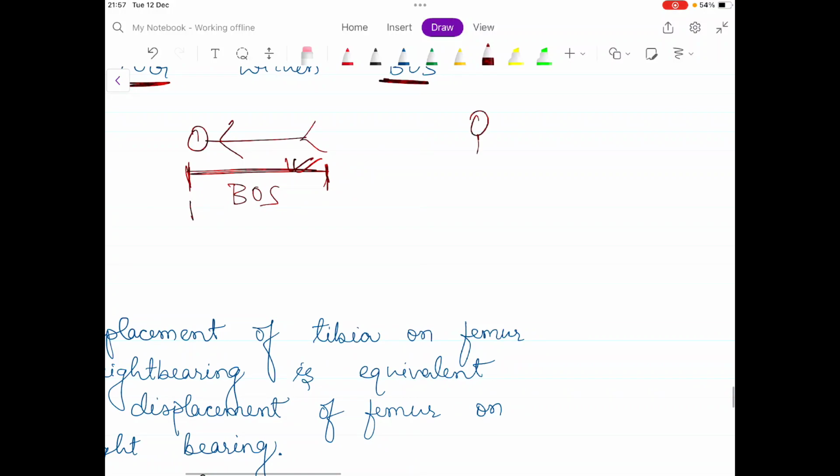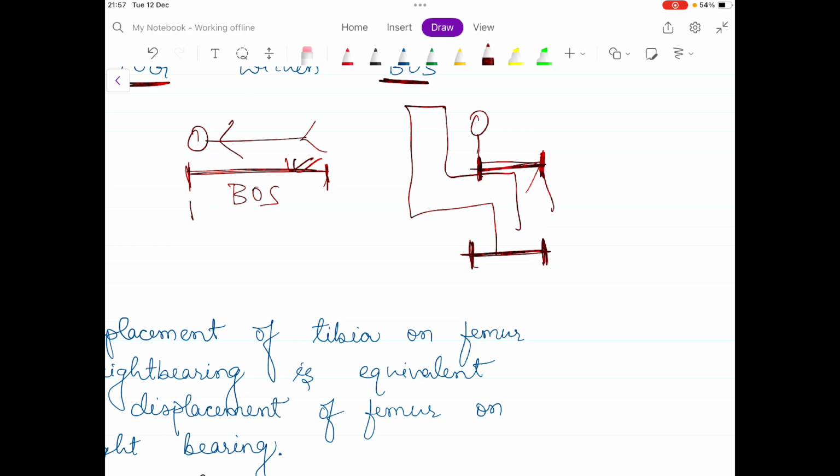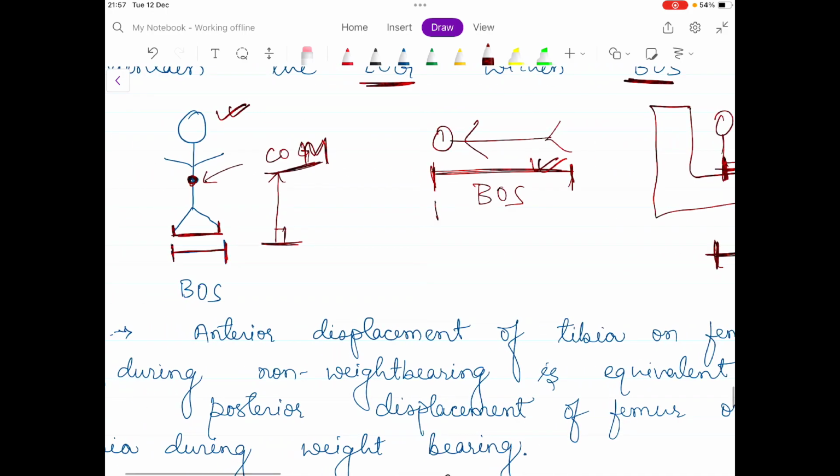So let's say if the patient is sitting in a chair, the base of support will be from this to this one. So this will be the total base of support, from the hip to the knee. So this is what base of support means.